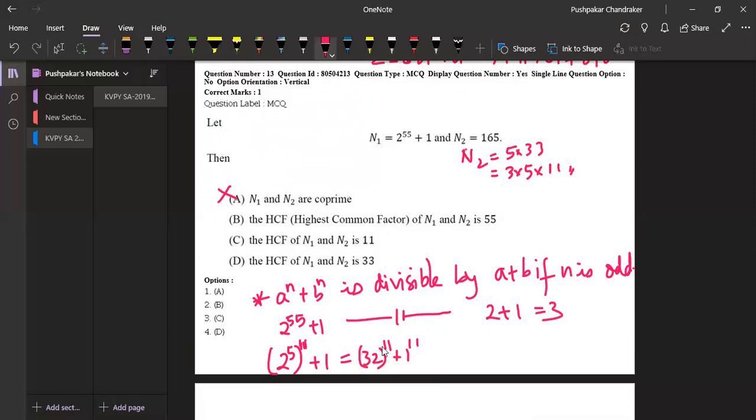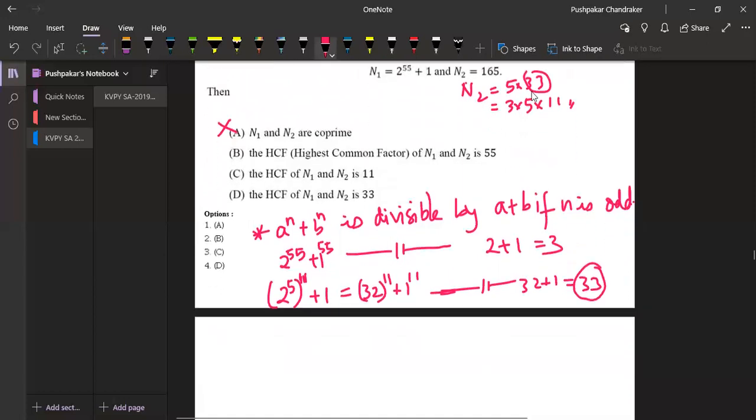Correct? It became a power n plus b power n. So 32 power 11 plus 1 power 11 is definitely divisible by what? 32 plus 1, which is nothing but 33. Okay, and you can see 33 is common here also in n2. Okay, fine. Next, one more factor remaining.